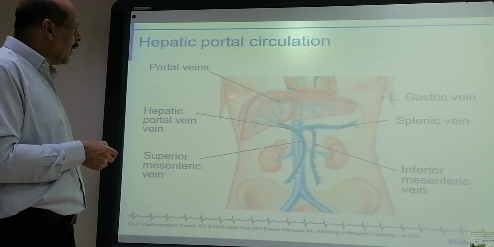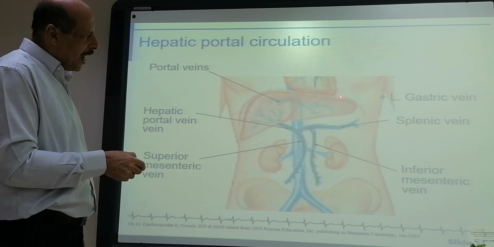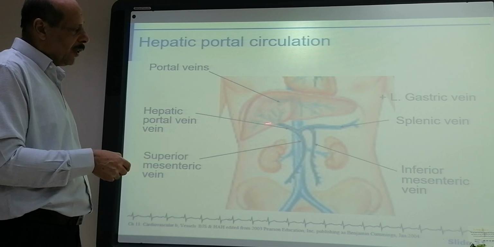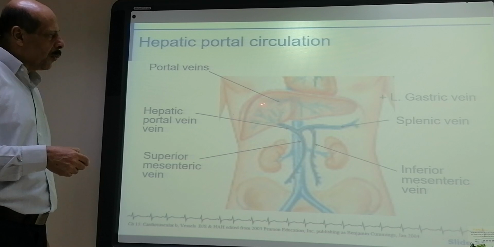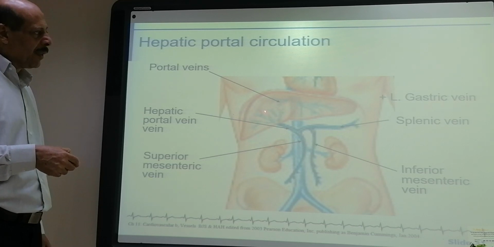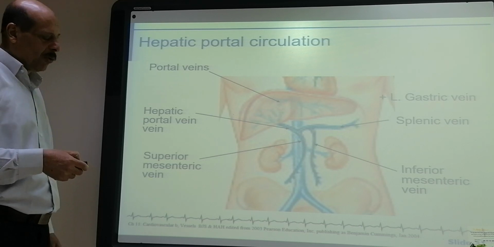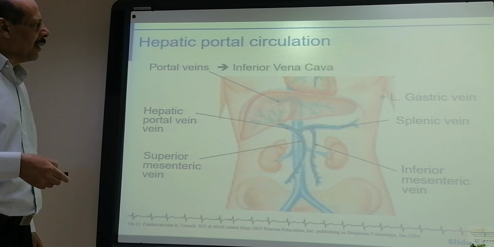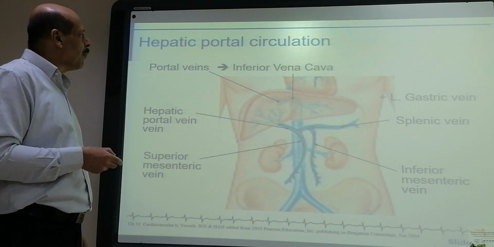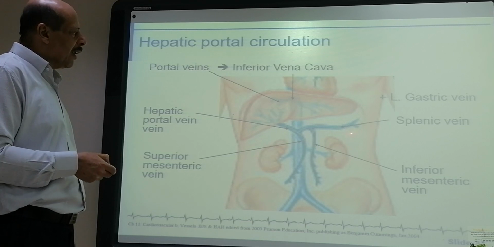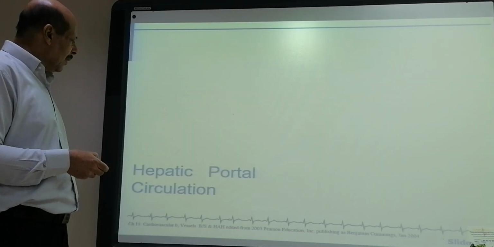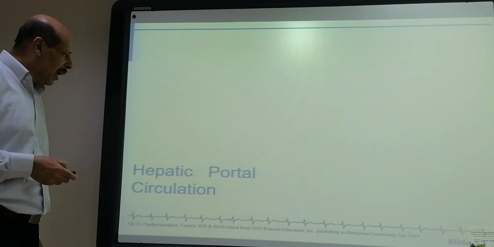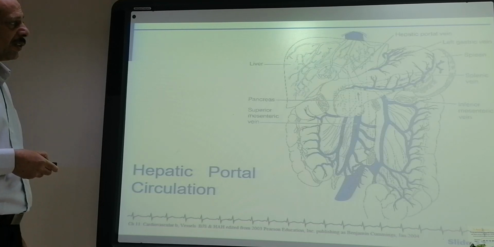The portal vein will go inside the liver, in order to deal with the content of the blood before it goes back to the heart. Then from the portal vein, it will go to the inferior vena cava. So this is the hepatic circulation.